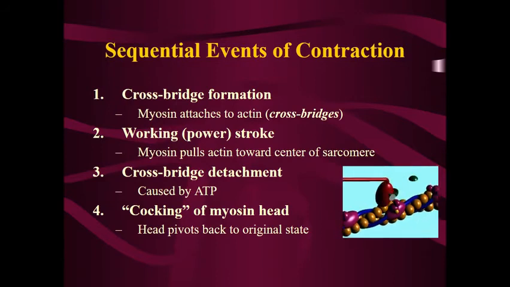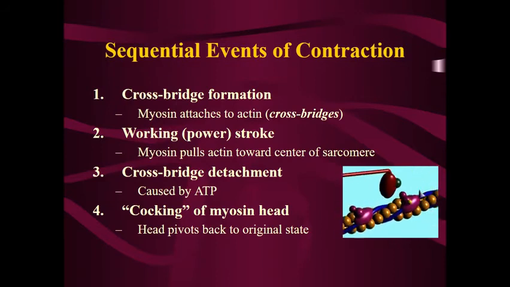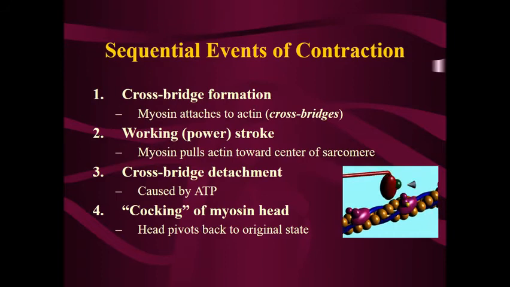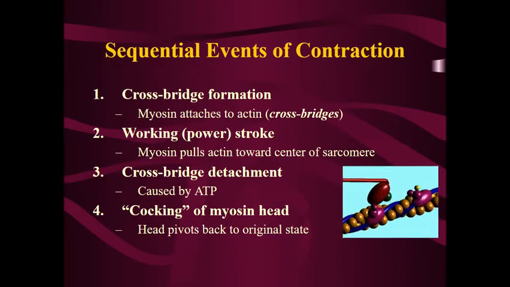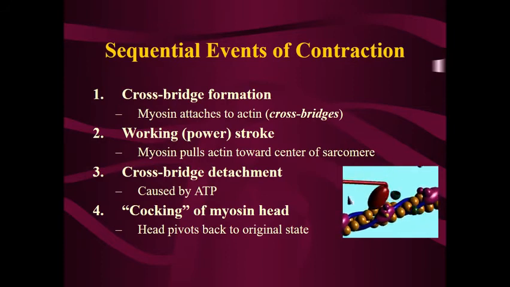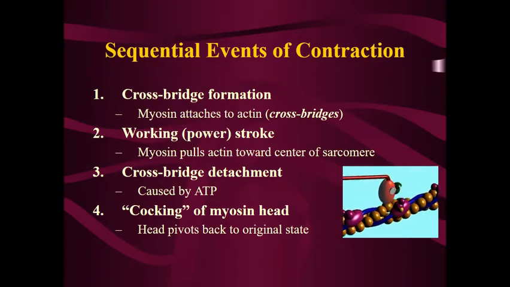And then 4 is the cocking, or going to the original position of the myosin head. The head pivots back to the original state so that it's ready to go through this sequence again by forming another cross bridge, working power stroke, cross bridge detachment, and so on. And so in the animation on the bottom right of the screen, you can see that sequential event happening over and over.